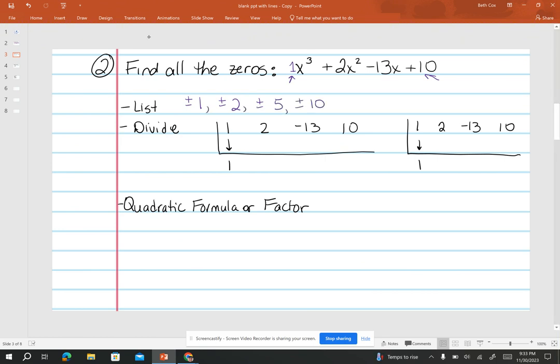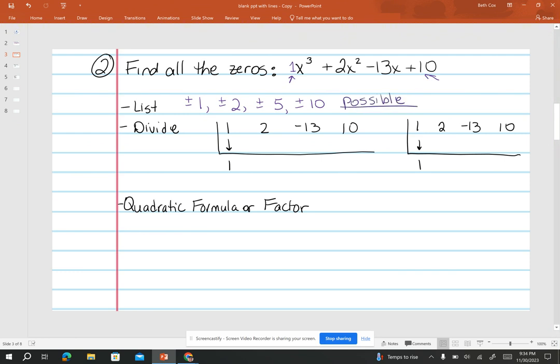If I divide those by the factors of 1, well, nothing happens. So 1 divided by 1, 2 divided by 1, 5. So these are my list of possible answers.